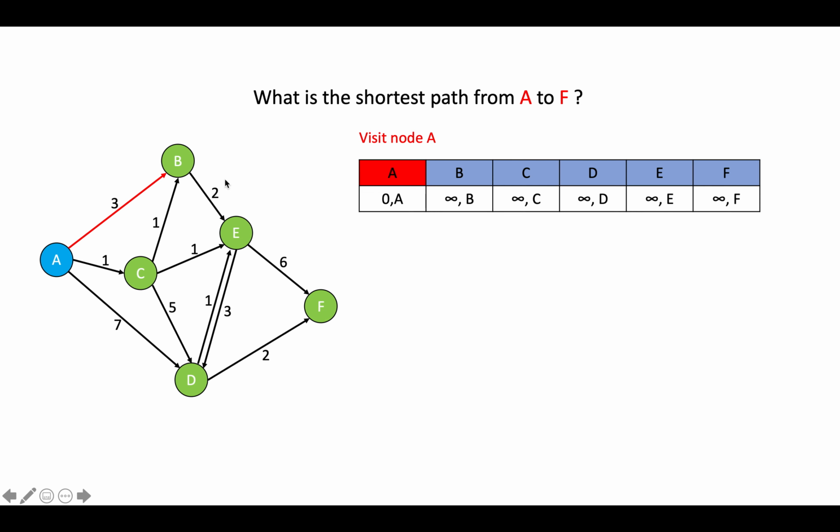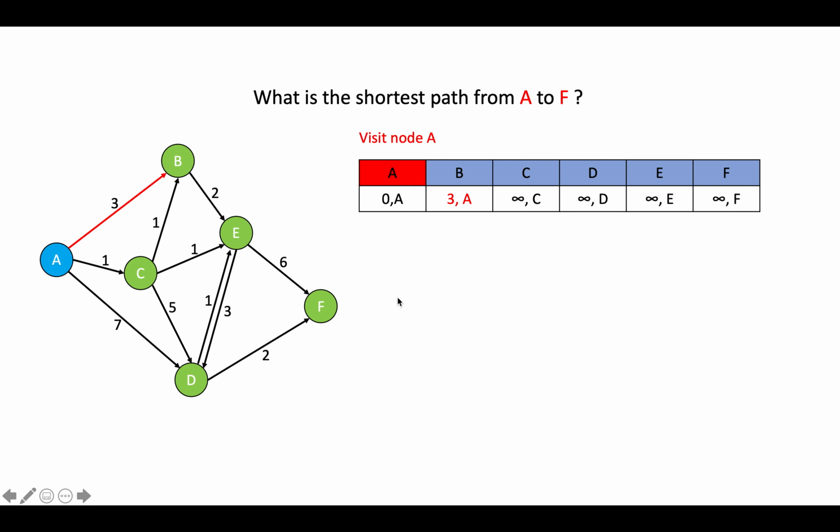So we can use this new information to update our table. We can go from node A to node B via node A, so the predecessor should be node A and the shortest distance should be 3. So we update our table for node B.